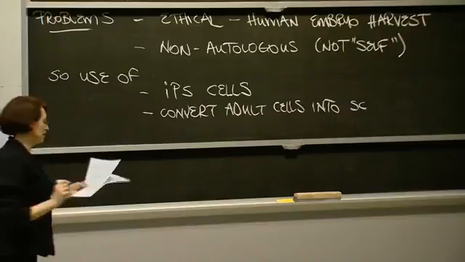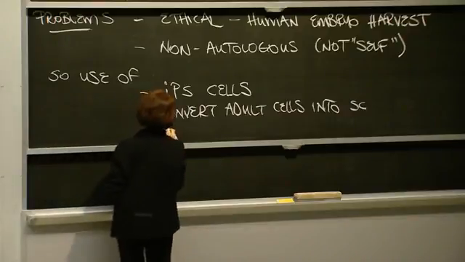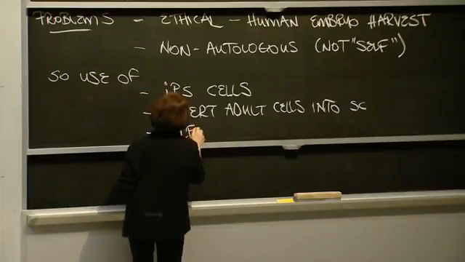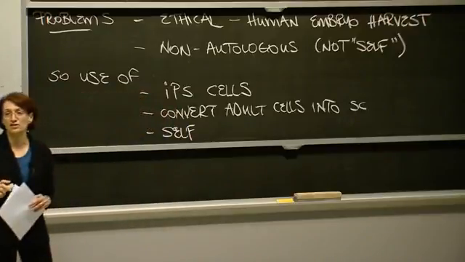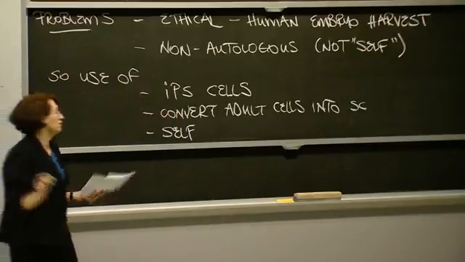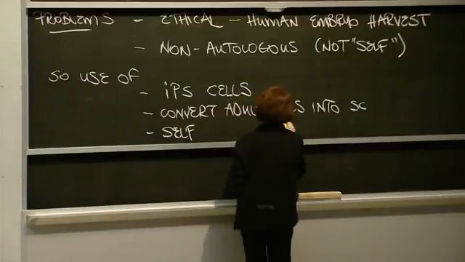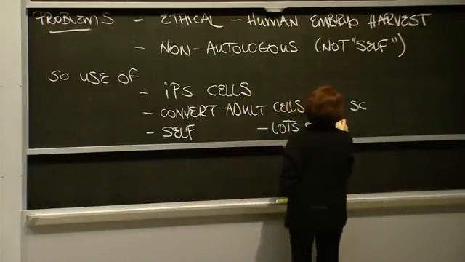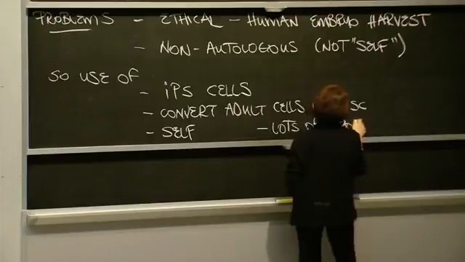The advantage of these is that they are your own cells. You could do them from yourself. The disadvantage is that they're really not proven, and there are still, I will just say, lots of problems.